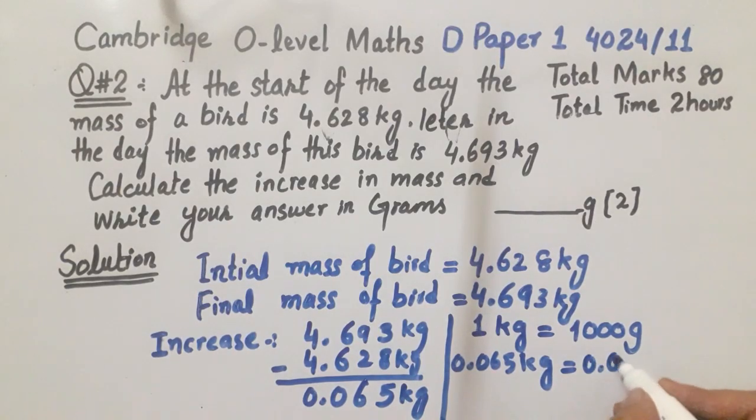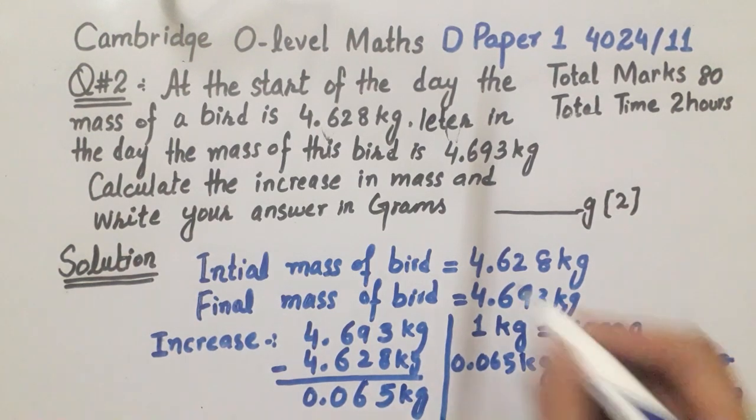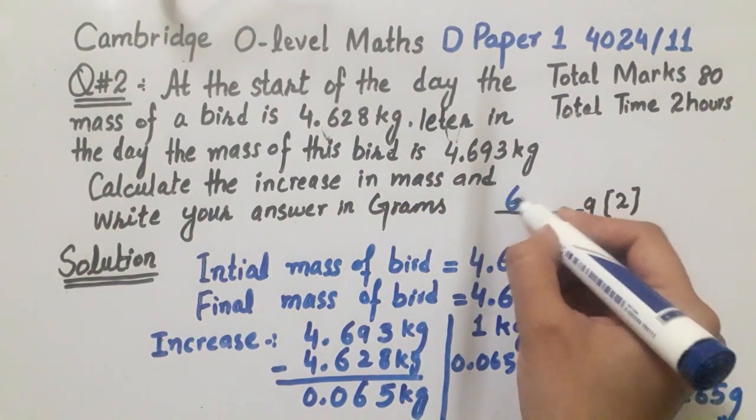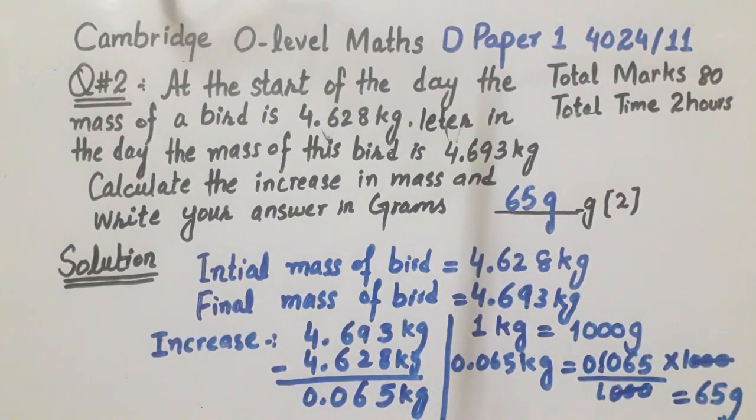So 0.065 multiplied by 1000. We can write 1 in place of the 0.1 and 3 zeros. 3 zeros are cancelled out by these 3 zeros and you have only 65 grams. So this is the answer of your question, and this answer contains 2 marks.